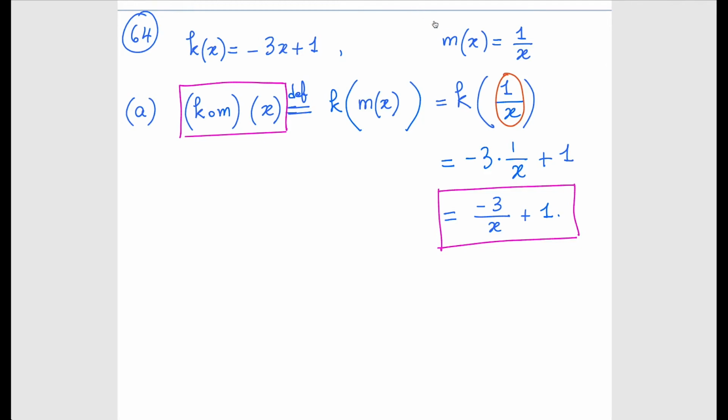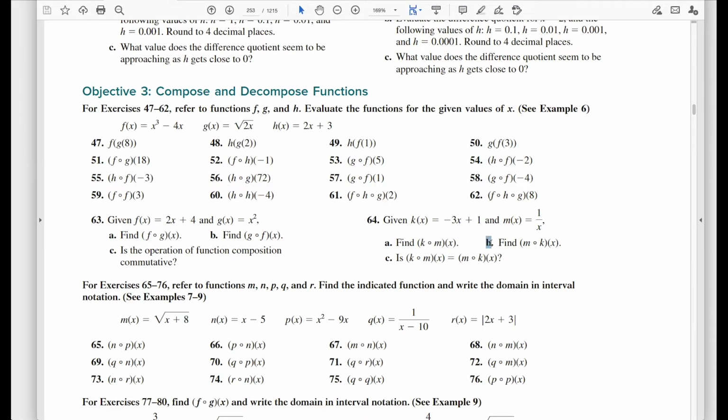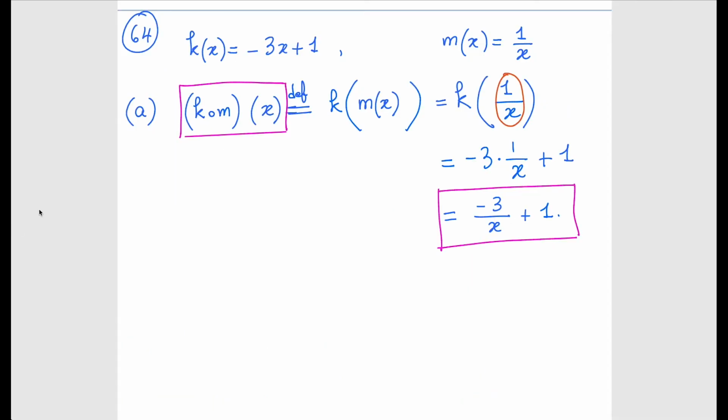What's part B? Find m composed with k now, the other order. Part B, we want m composed with k at x. Again, the left one is going to wait for the output to be produced by the right one.